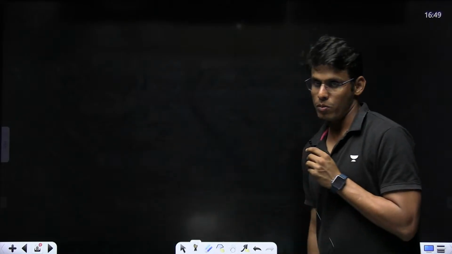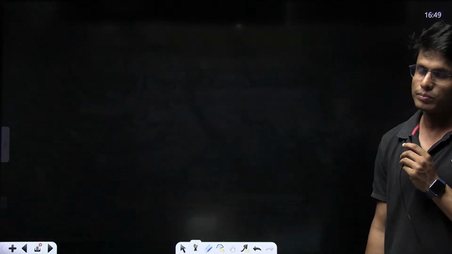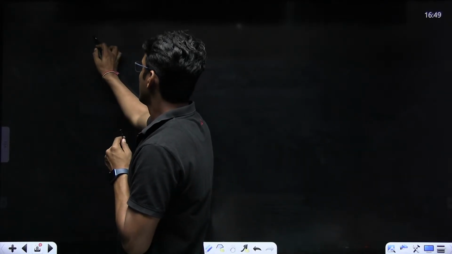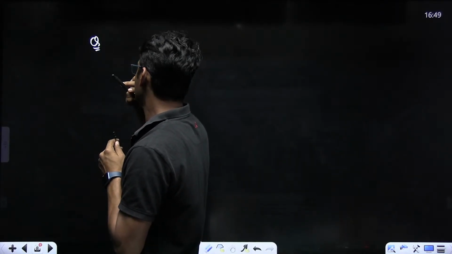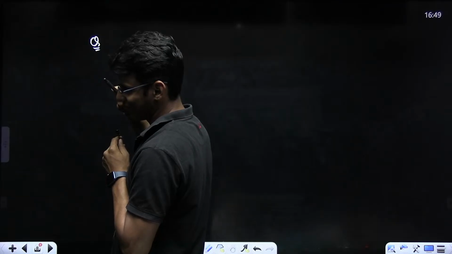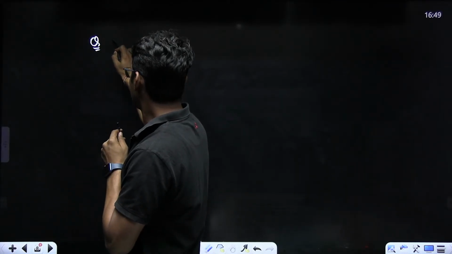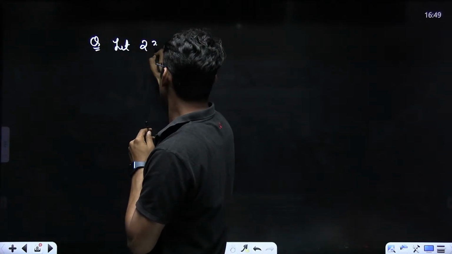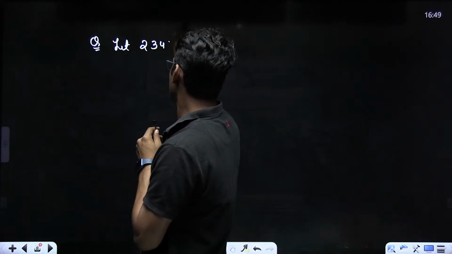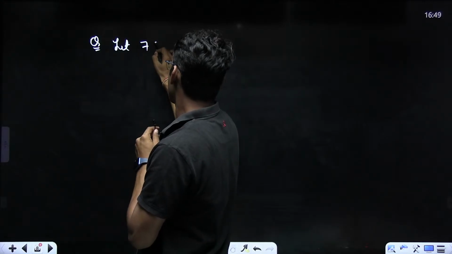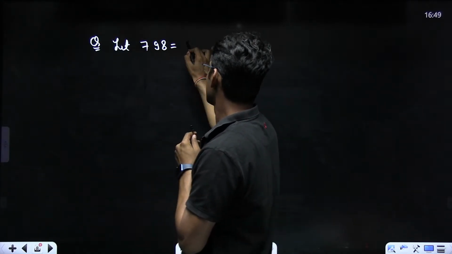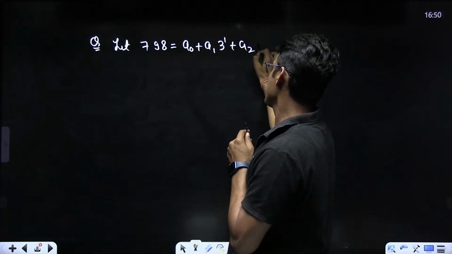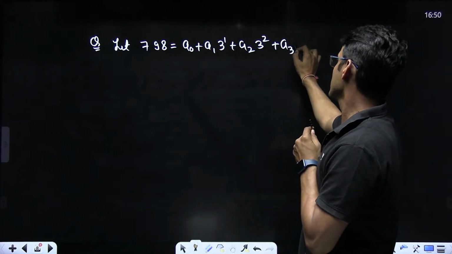Let's do one more problem. Right? Let 798 be A0 plus A1 3 to the power 1 plus A2 3 to the power 2 plus A3 3 to the power 3.